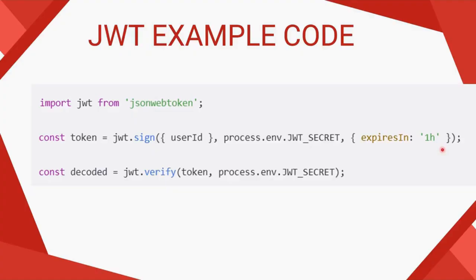Okay, here we generate a JWT token with payload user ID, secret your environment key, and expiry in 1 hour. Then const decoded = jwt.verify with the token and process.env.JWT_SECRET. It decodes and verifies the token using the same secret and returns the payload if valid. Okay, in this example you can understand easily. Now we go for the next.